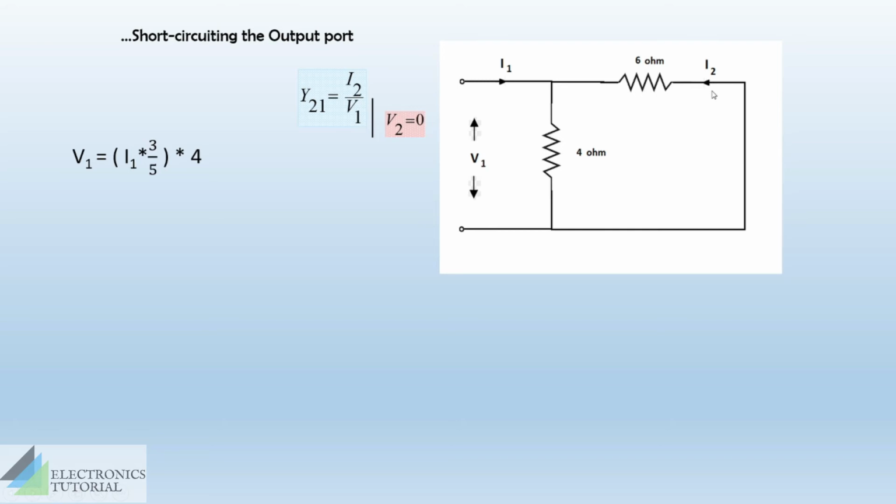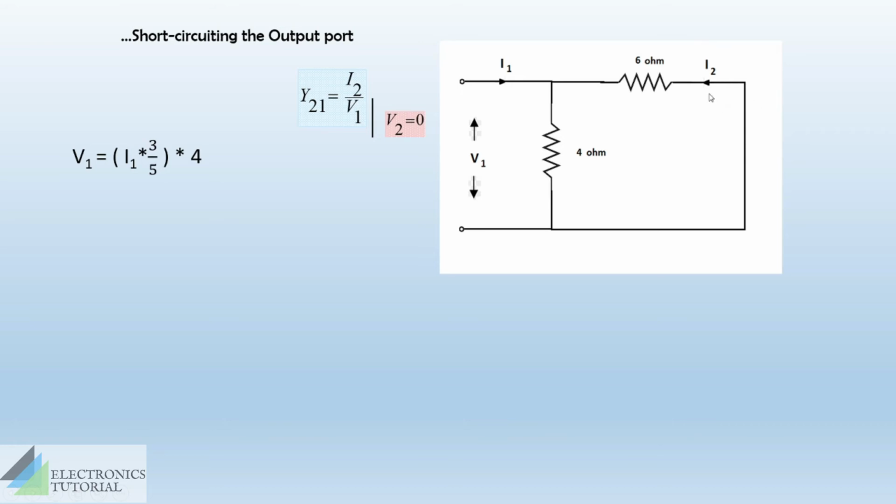I2 is seen here. The total current flowed till this point. After this point, it got split into these two branches. The first branch, we have calculated it as the current flowing through 4 ohm resistor. And the current through this branch will be termed as I2.